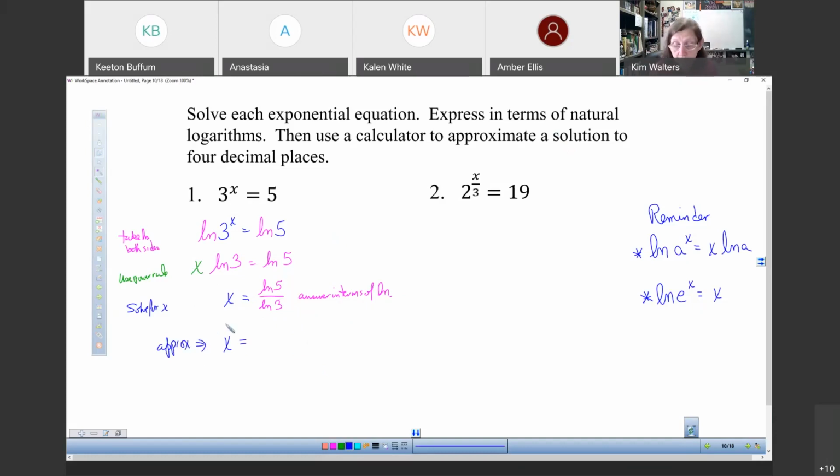Just like we did on those last problems, we're going to do the natural log of 5, close that parentheses, divided by the natural log of 3, and then that's going to give me 1.4650 because I had a 497 there, right? So 3 to the approximately 1.5 power does give me 5. You can check it, okay? Questions?